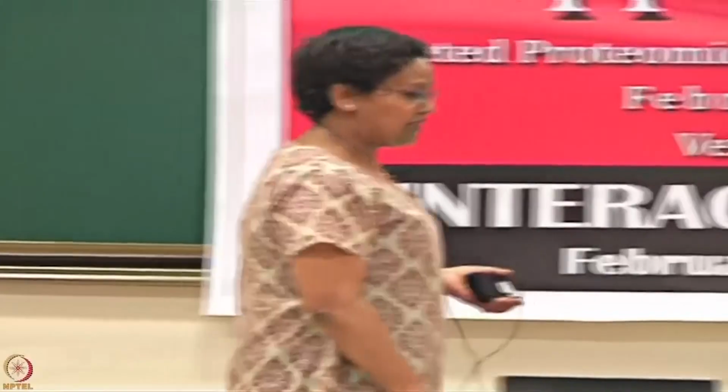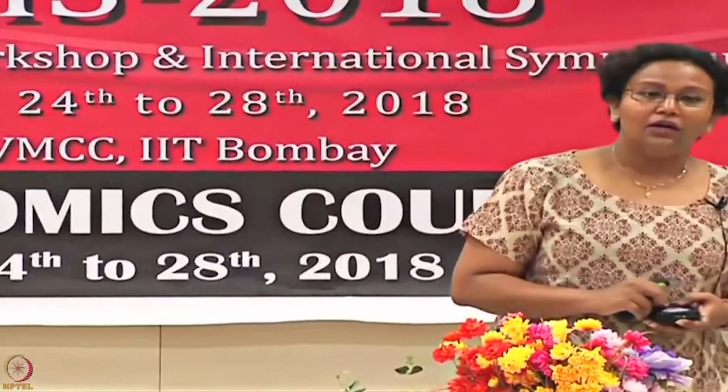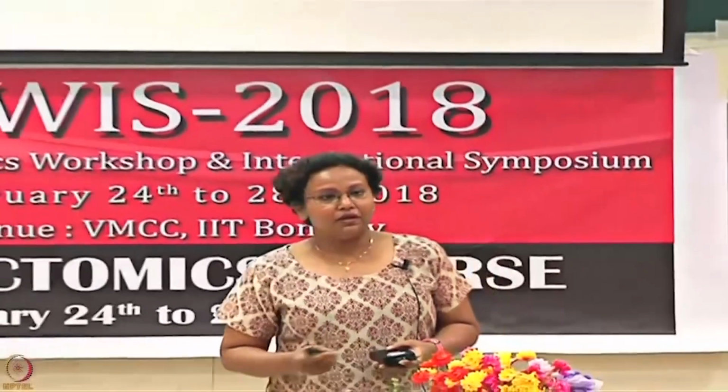So, coming to the objectives of the lecture. Like I said, we will talk about the assay development part, what you would do when you first would like to set up a BioCore assay.